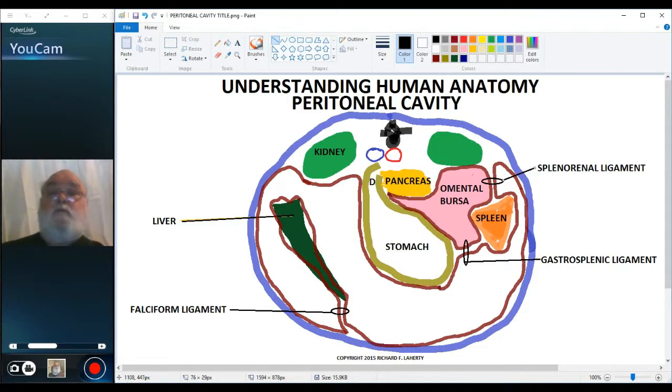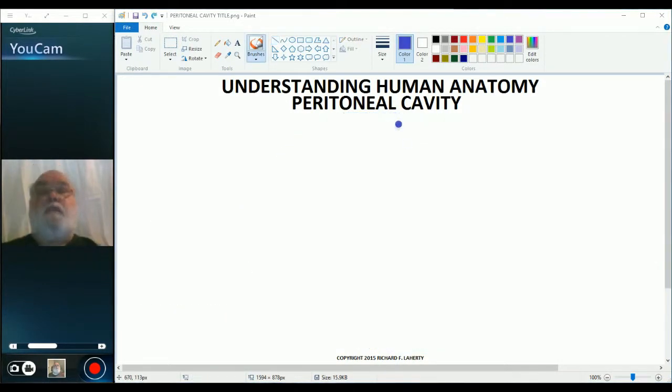Okay, and then one last cross section and we're done. And this next cross section is going to be below the level of the omental bursa, inferior to the bottom of the omental bursa. So, in this final cross section, we're going to be inferior to the kidneys. So again, I'll draw the body wall in.